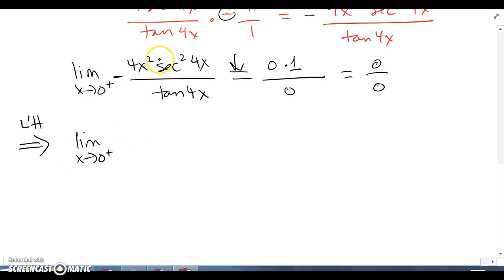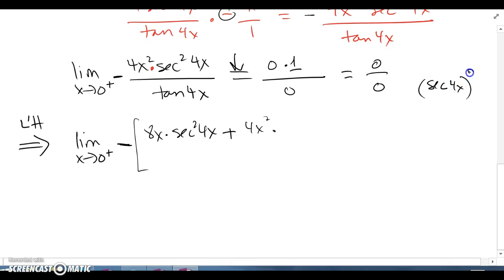And so I have a product in the numerator, so I'm going to have to apply the product rule to this. I'll leave the negative outside and deal with it later. Derivative of the first, 8x, times the second, plus the 4x squared times the derivative of this guy, which is really secant 4x, the whole quantity squared.